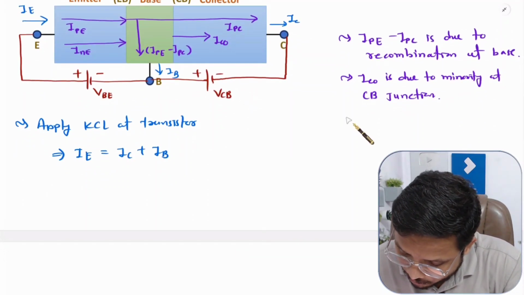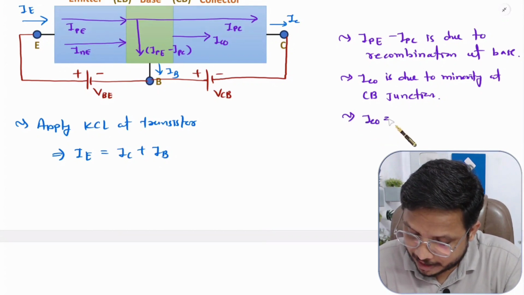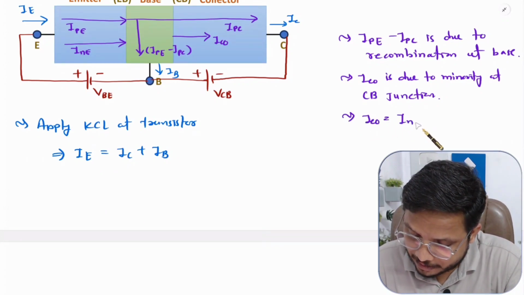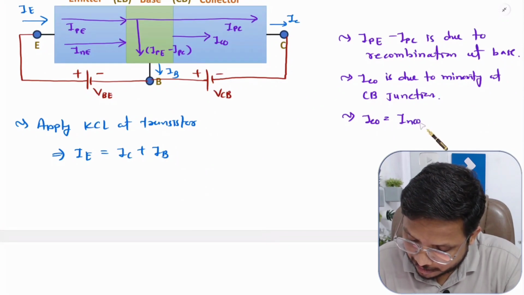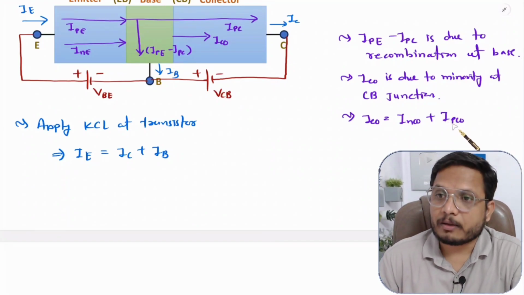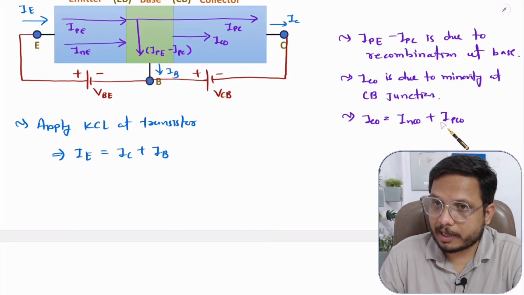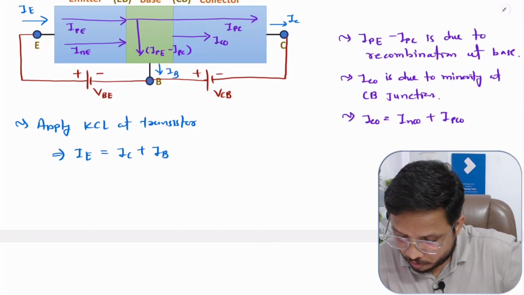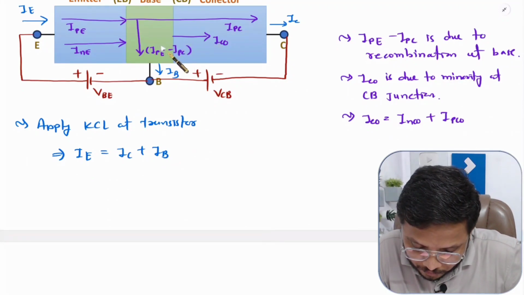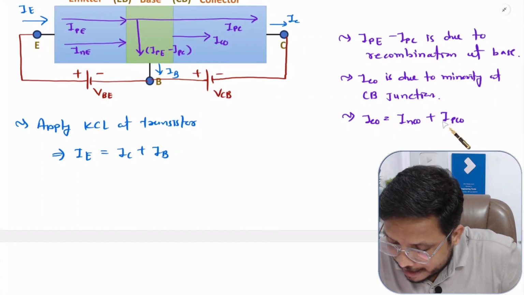This ICO over here will be NICO, right? And that will be PICO, right? Minority current due to electrons over here and holes over here. So the value for this PNP will be higher due to IPCO.